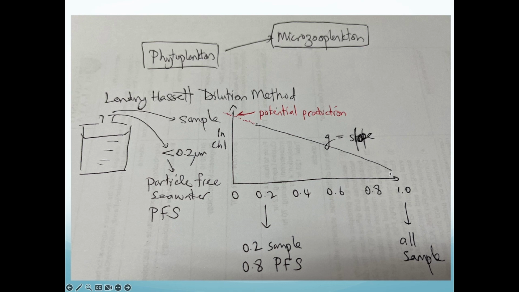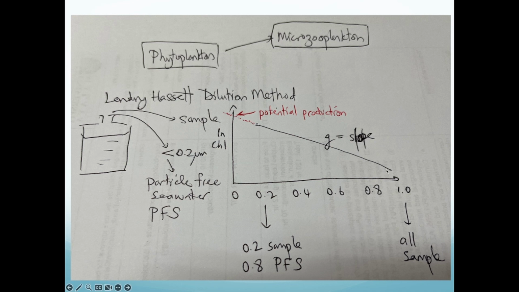Therefore, experimentation will show that the production in all these bottles increased with reducing sample. So the production here is the ln difference in chlorophyll at time 0 versus time, usually 24 hours after incubation in 12-hour light, 12-hour dark situations.